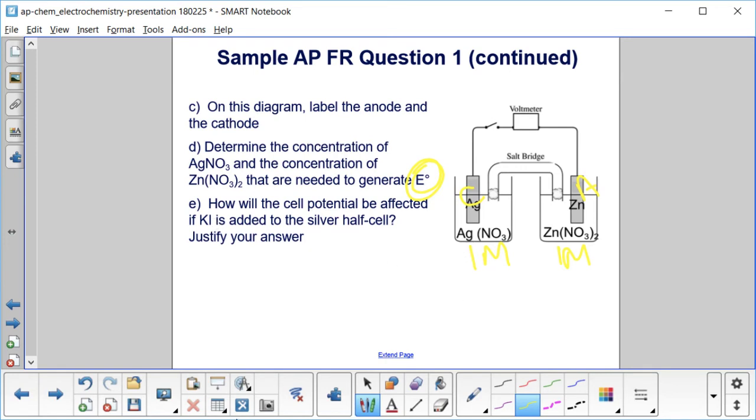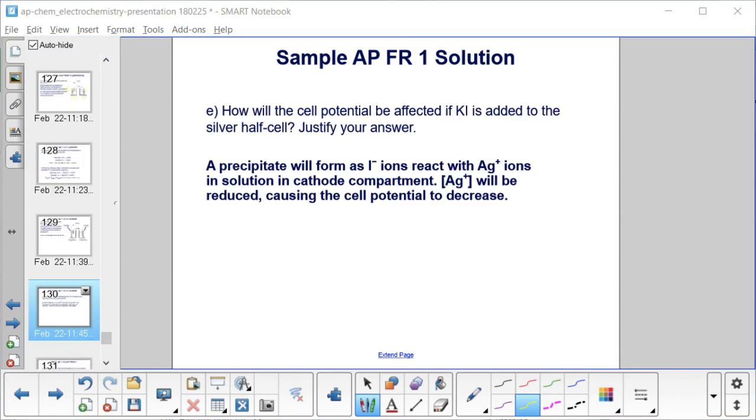So we're going to have silver iodide precipitate in the bottom of this solution, okay, which will affect the ability for the electrons to be gained at this cathode. So we can say a precipitate will form as iodide ions react with silver plus ions in solution on the left side by the cathode. And so the concentration of the silver plus will be reduced, which causes the cell potential to decrease.